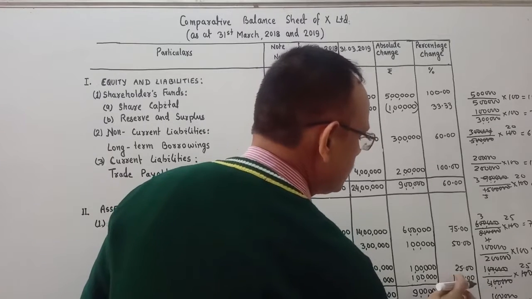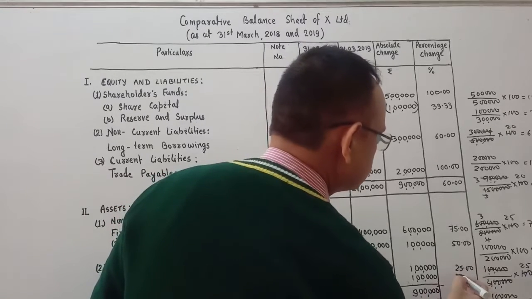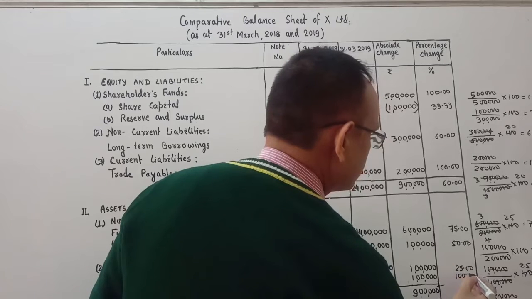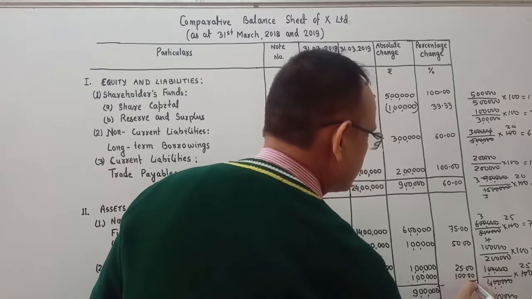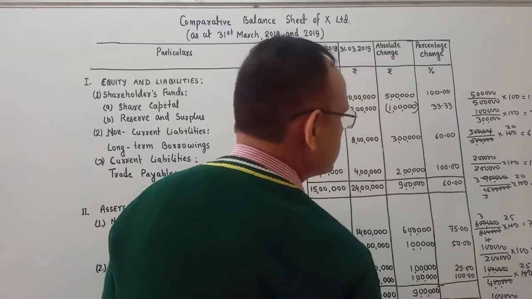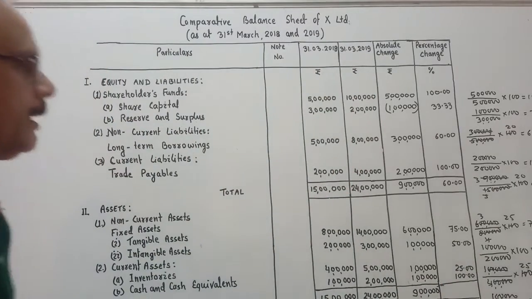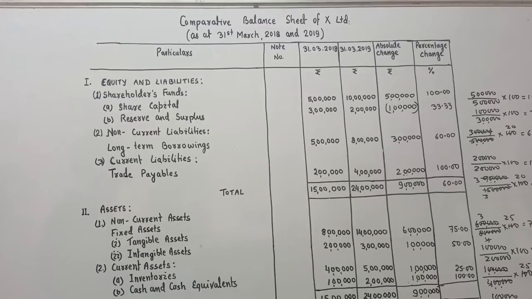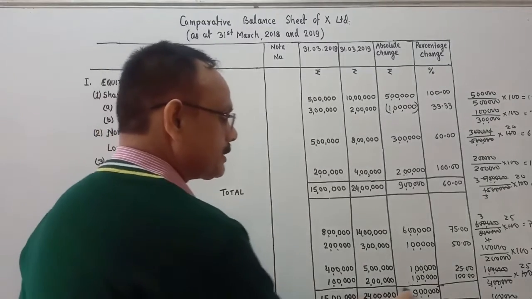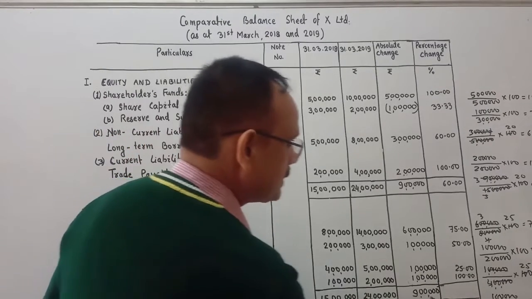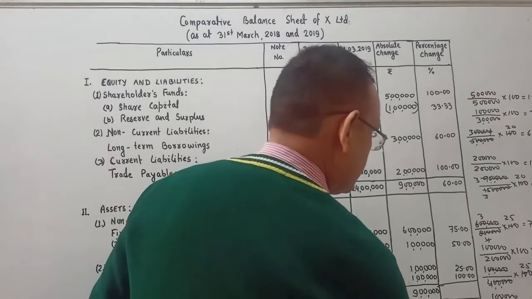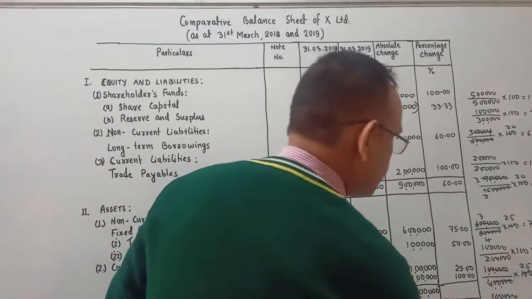Now we will do the total. Okay, here in total you see the previous year figure is 15 lakhs and current year is 24 lakhs.